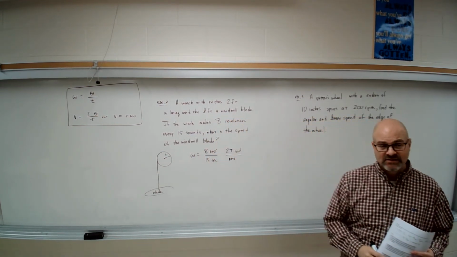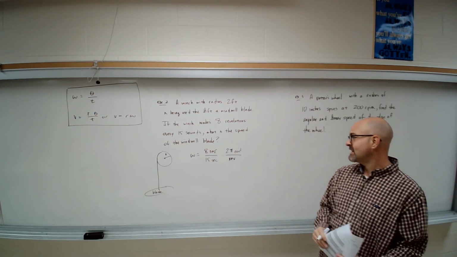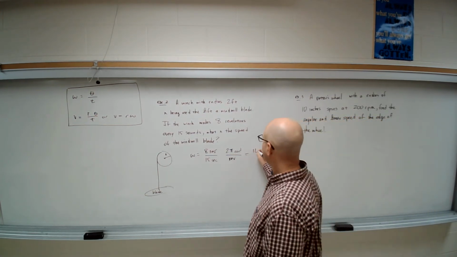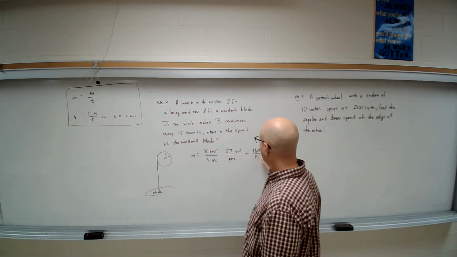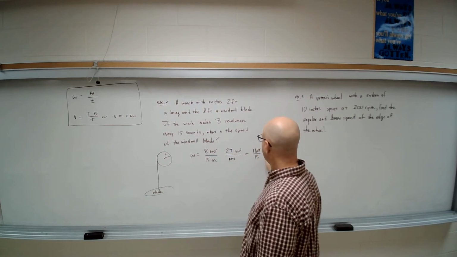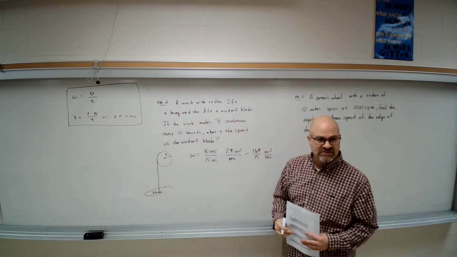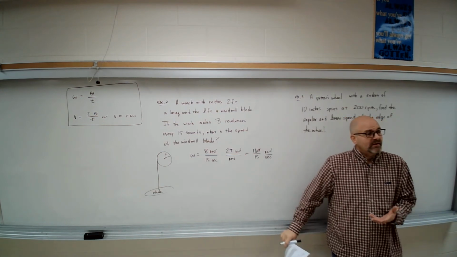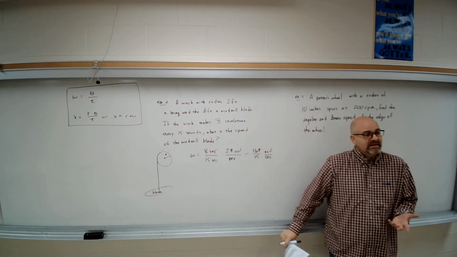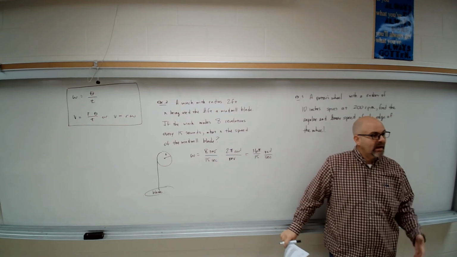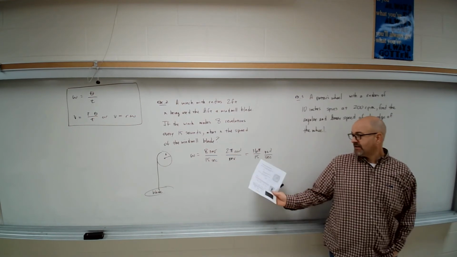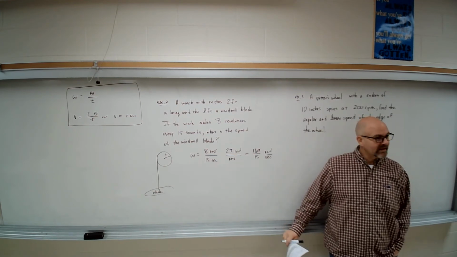Right, so those will cancel. Here, what's that? 16 pi over 15 radians per second. Usually your angular speed is always just going to be some exact value. It's just going to be some number of radians per second. Right, so that's a little more than half a revolution every second.